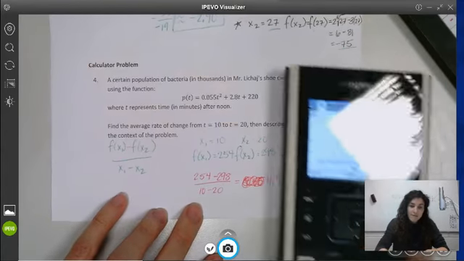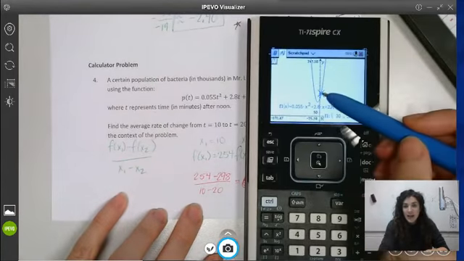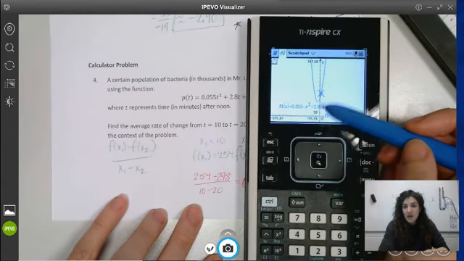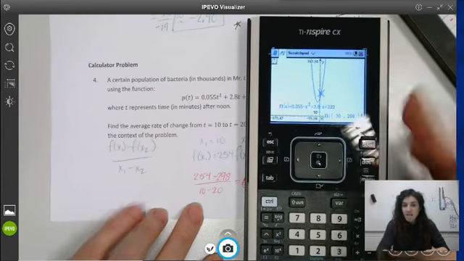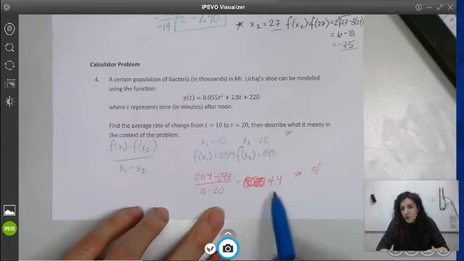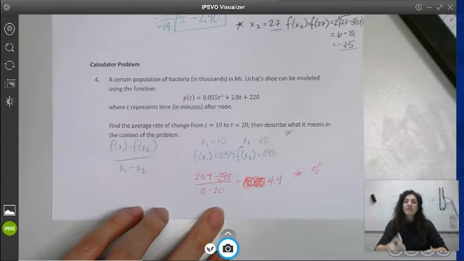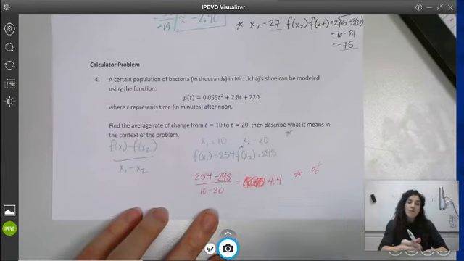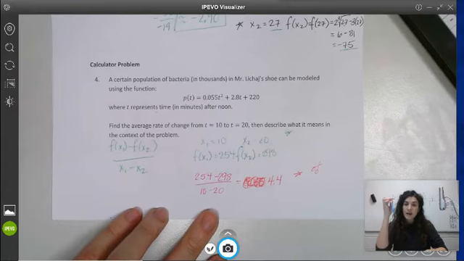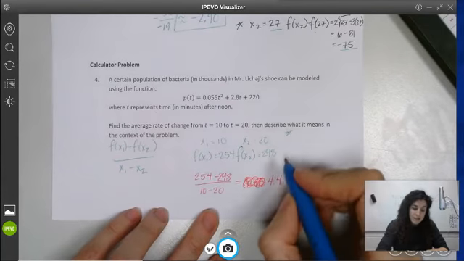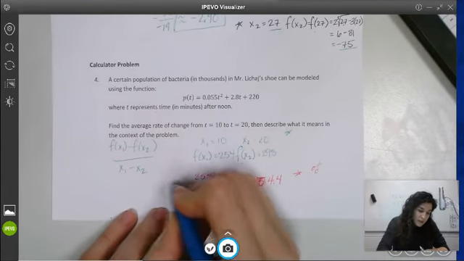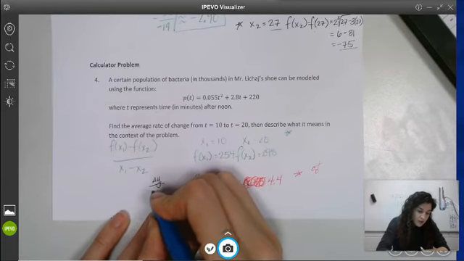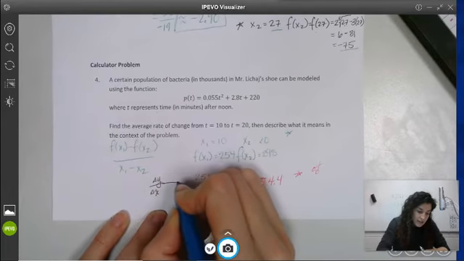Notice if we go back to that graph, the average rate of change between 10 and 20, we're talking about a pretty steep part of the graph, and 4.4 is a pretty steep slope. Now, it does say to describe what it means in the context of the problem. The number one thing I would recommend is to remember that your slope is your change in y over your change in x.